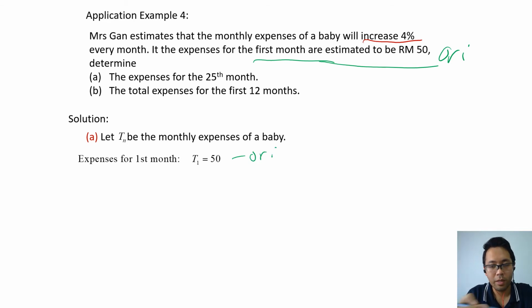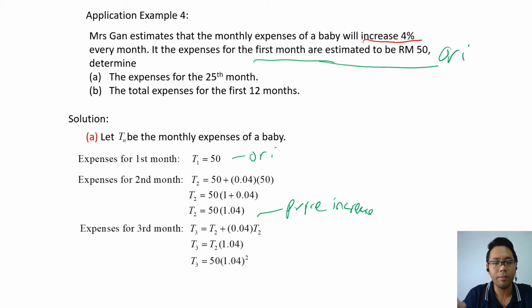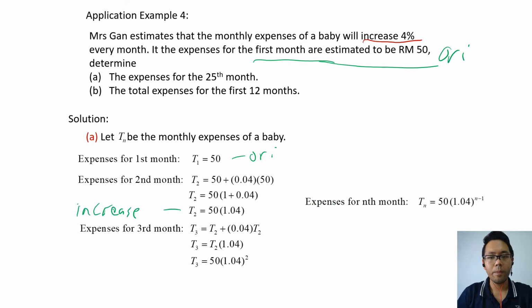So yeah, this is the original price. Like I mentioned just now, I like to do T2 as the one where the price increases. So you can see here the price increase. And the third month we got that. So we can get the formula for Tn as something like this. Okay, so 50 times 1.04^(n-1) because the price increases.